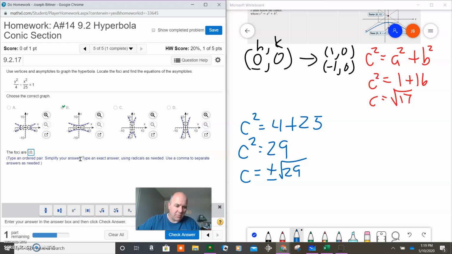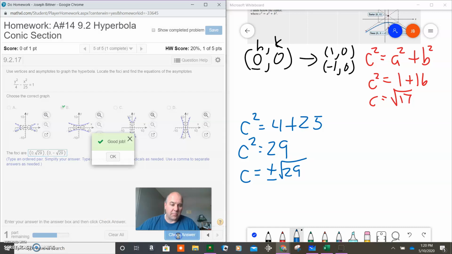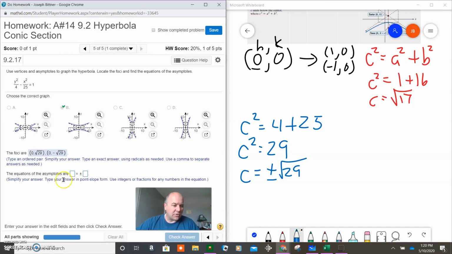I did it to the wrong one, I had it backwards. So it's 0, comma, square root of 29, and 0, comma, negative square root of 29. There, that's what I'm looking for. Had that backwards, so just be careful.